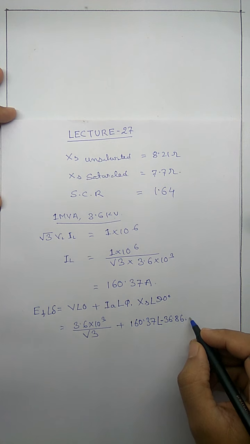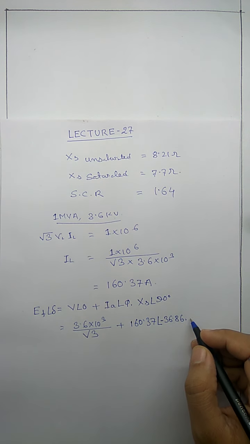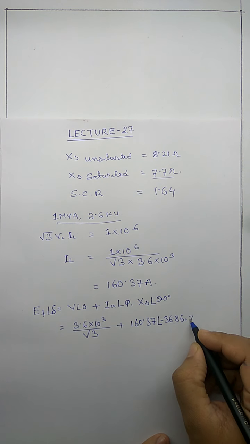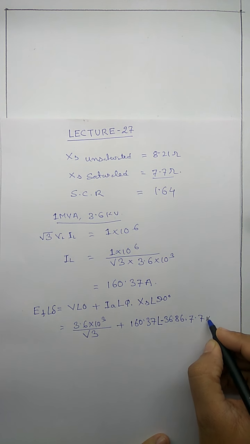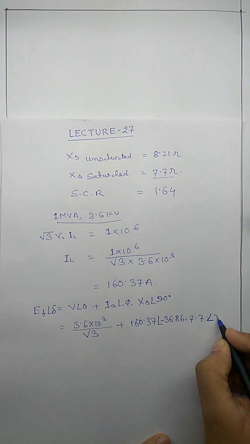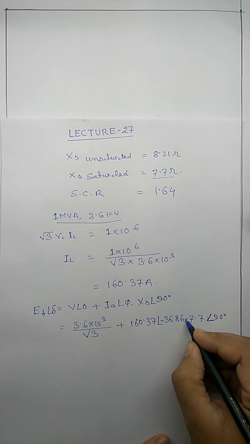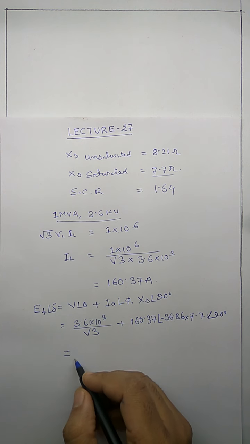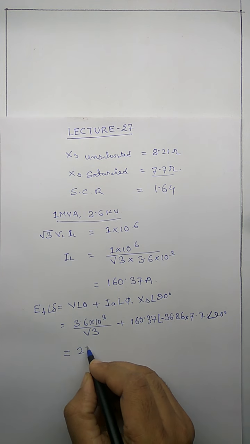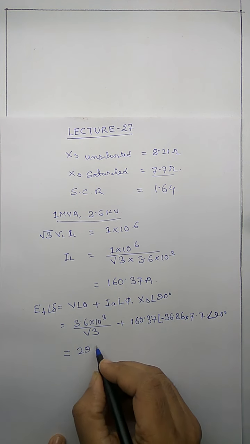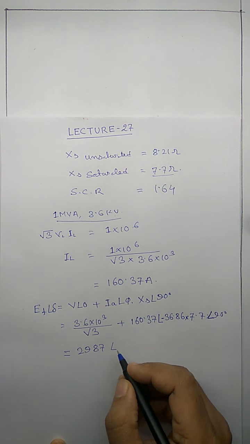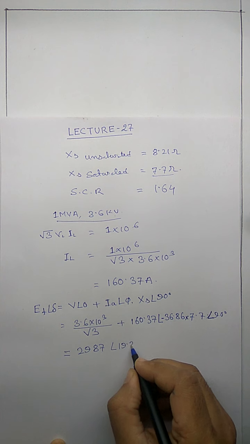What is the value of X_S? It has been said to use adjusted synchronous reactance, so we will use this value. This is 7.7 at an angle of 90 degrees. If you evaluate this, it comes to be 2987 at an angle of 19.31.